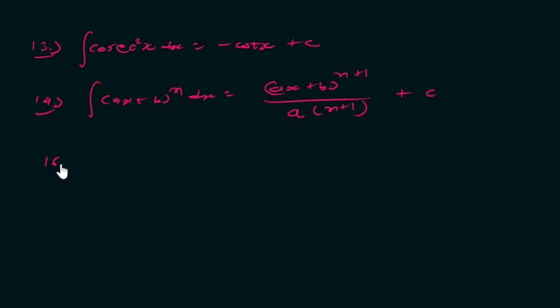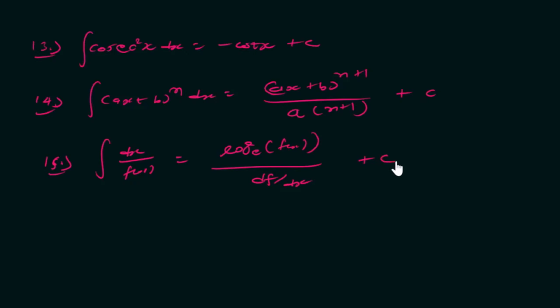The 15th kind of standard formula is integration of dx divided by f of x is log on the base of e f of x divided by df by dx plus c. So these are our 15 standard formulas which you need to remember to solve integration problems.